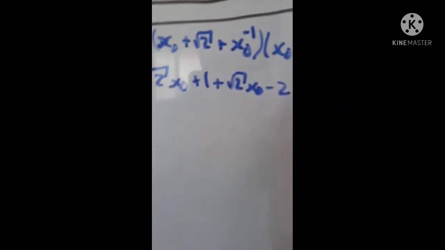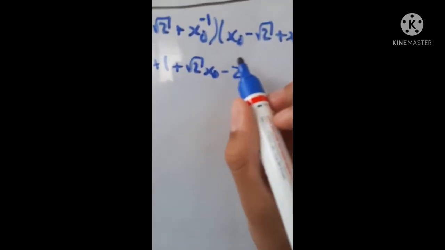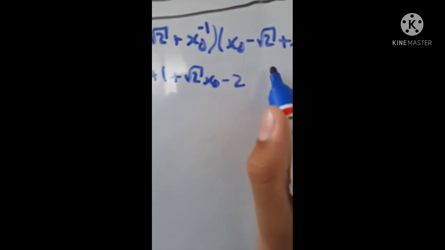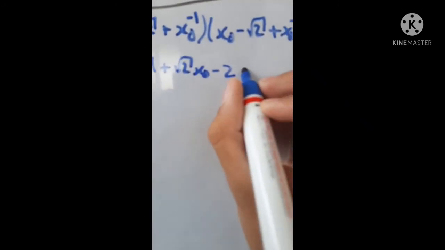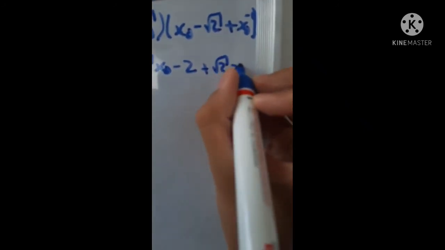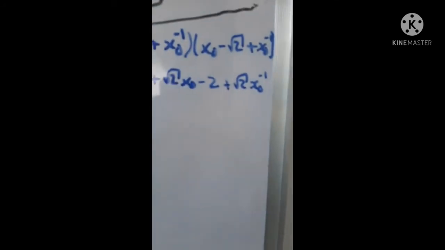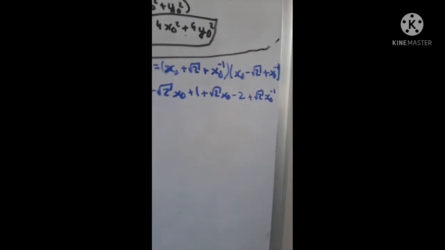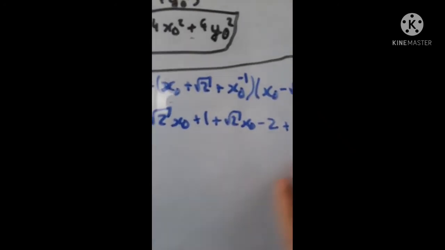Minus 2. Hopefully the constants will cancel out by the end of this. Plus root 2 x naught, plus root 2 x naught inverse, that makes sense, right?